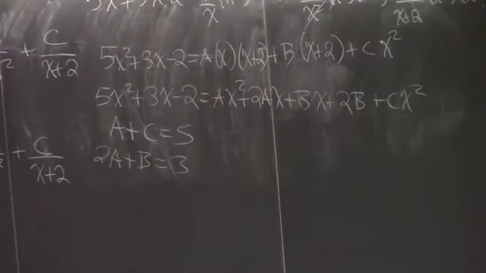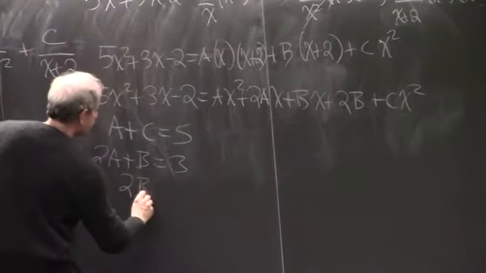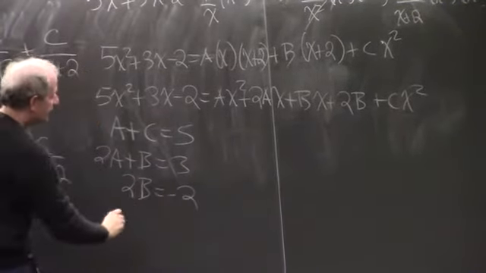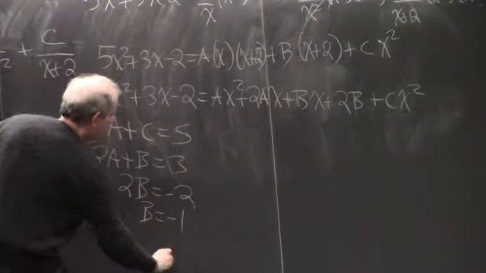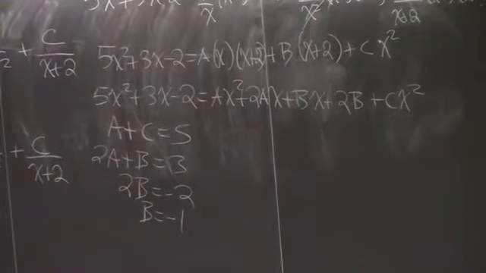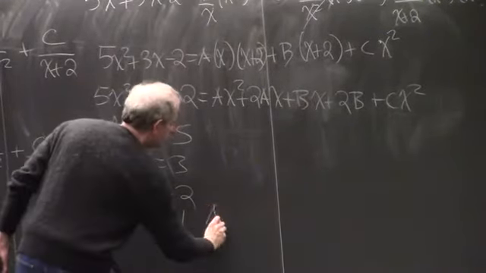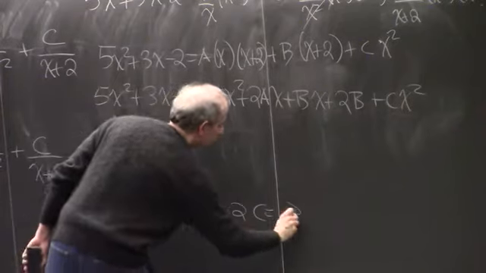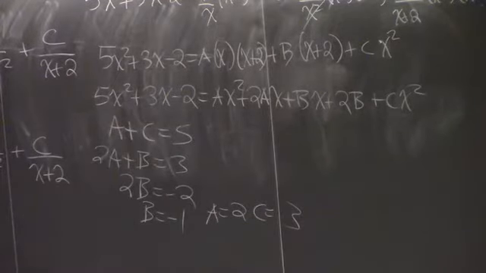And 2b equals negative 2. So we know b equals negative 1. That makes a equal to 2 and c equal to 3. I'll let you check that in your spare time.